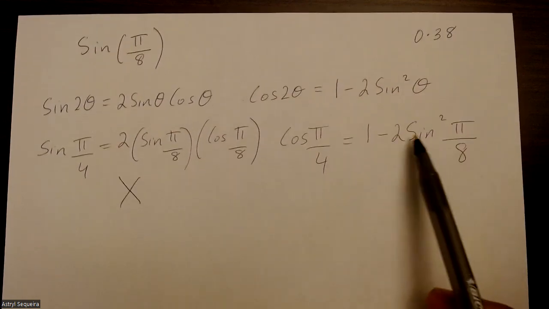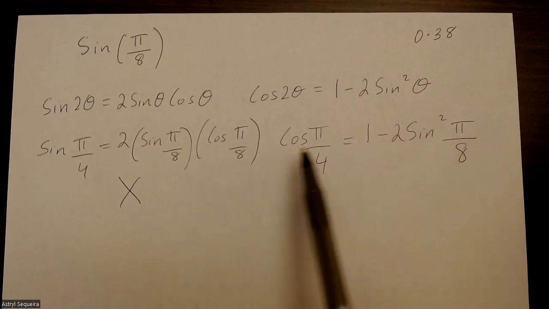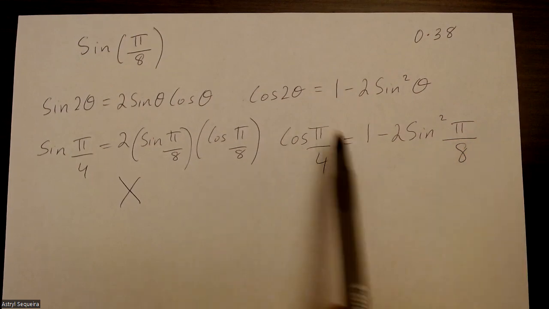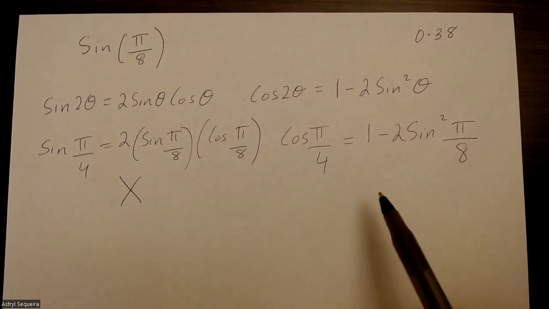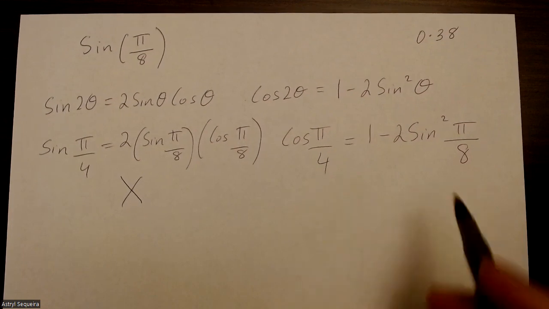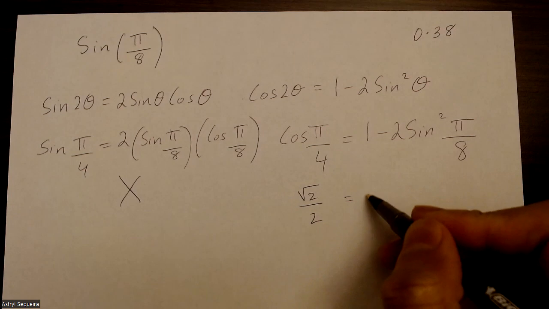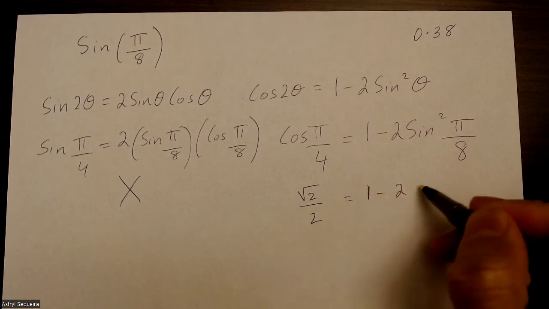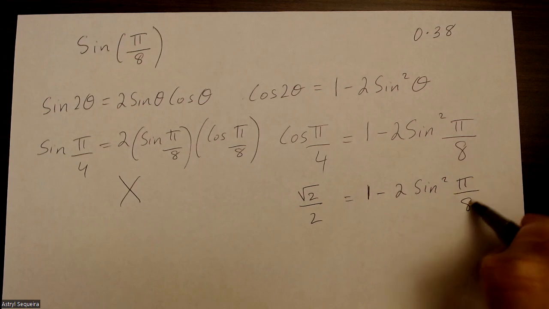So now all I have to do is isolate sine of pi over 8 here, and that will give me my solution. I know cos of pi over 4, you can use your special triangles or you can type this in your calculator. It's basically 1 over root 2 or root 2 over 2 if you rationalize. So root 2 over 2 equals 1 minus 2 sine squared pi over 8.